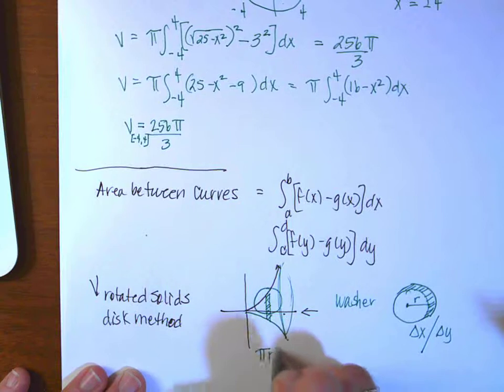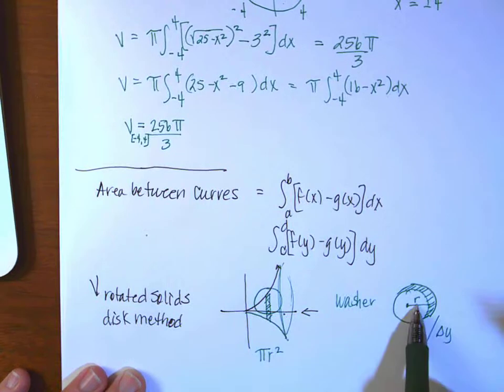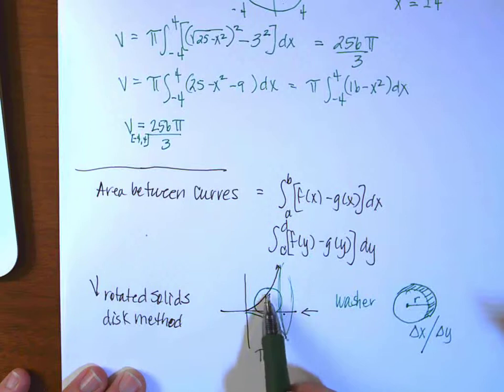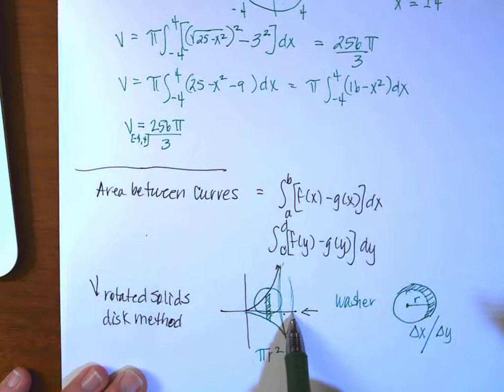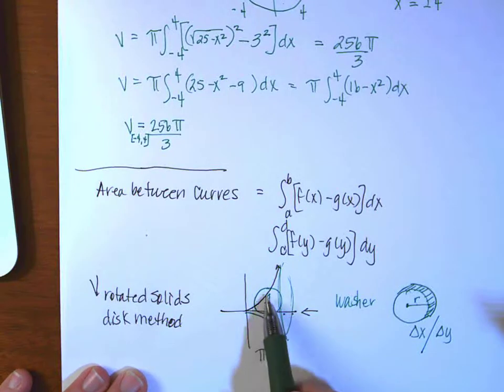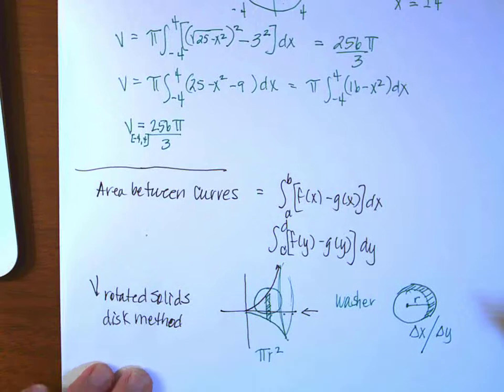So this radius, remember the area of a circle is pi r squared. My radius is here, but my radius is also top minus the bottom. And because the axis of revolution is in the middle of the object, then it's just going to be this particular distance squared. So then what we started talking about was the washer method.